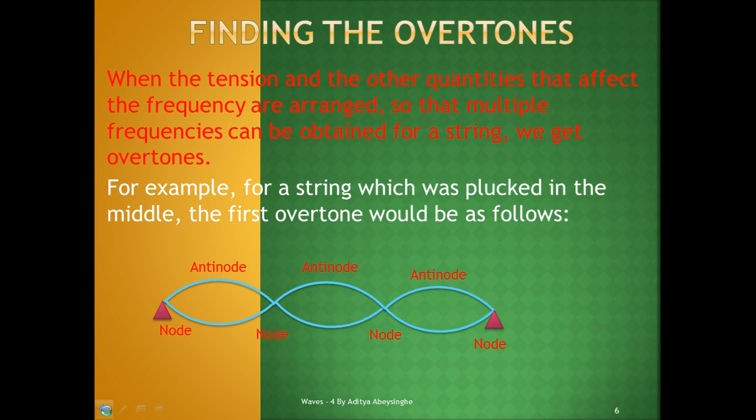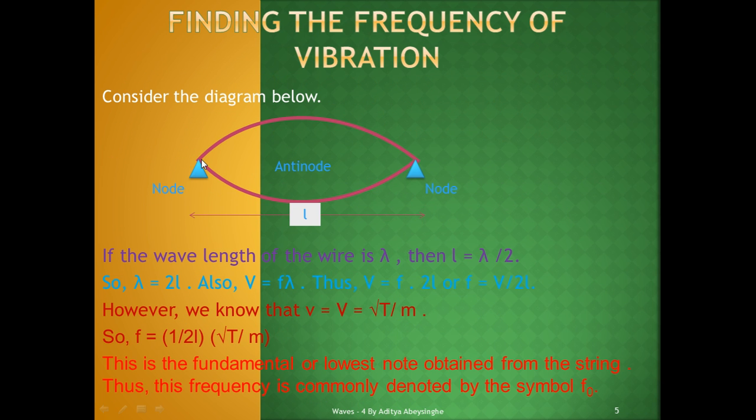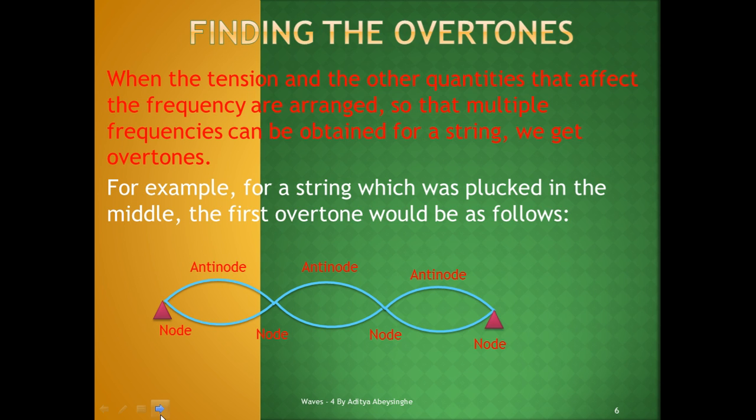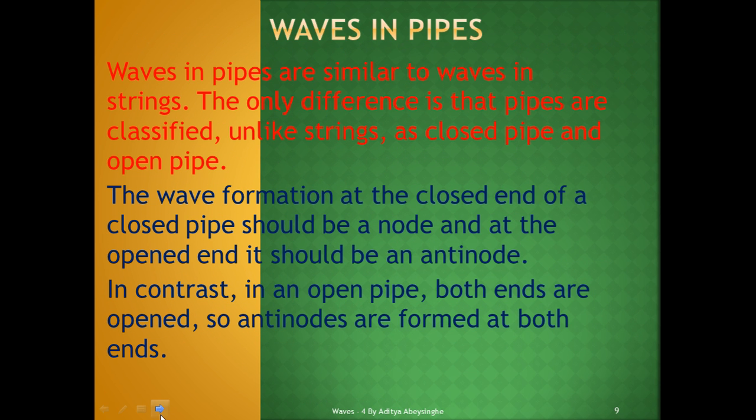At the end of a barrier you can see there's a node, and at the maximum displacement you have an antinode. That's the concept we'll be using in pipes also. So at the closed end of a closed pipe a node is formed, and at the open end you have the maximum displacement, which is the amplitude, so an antinode is formed.